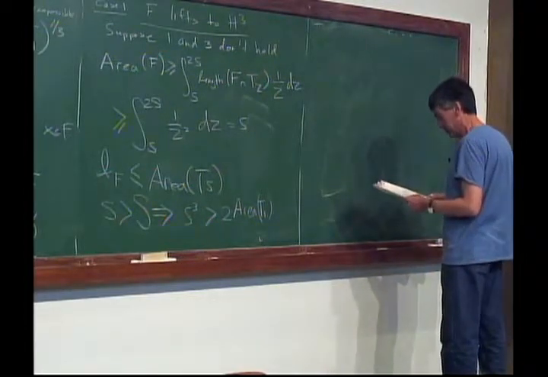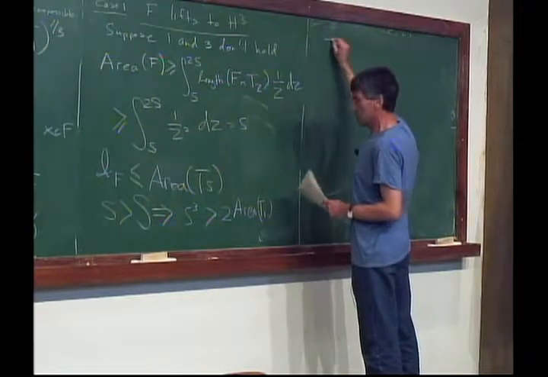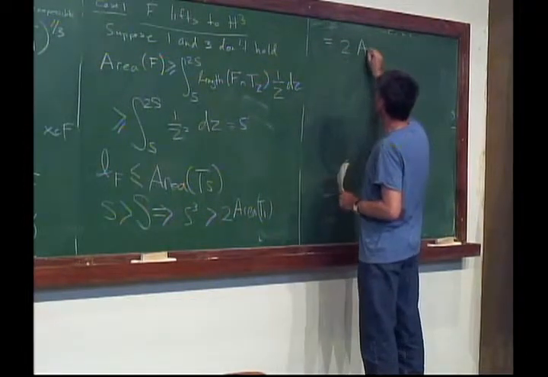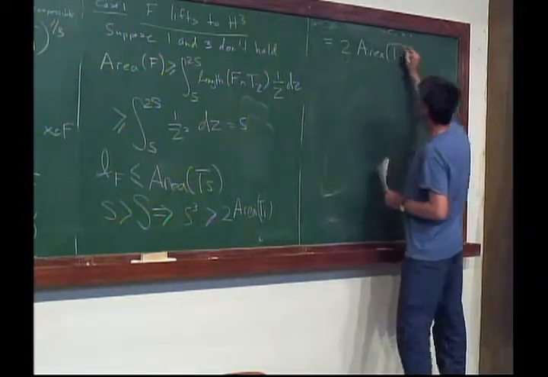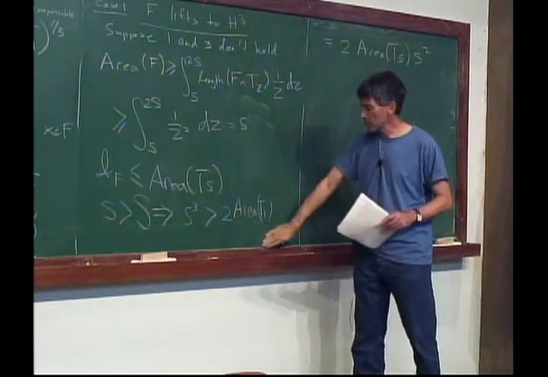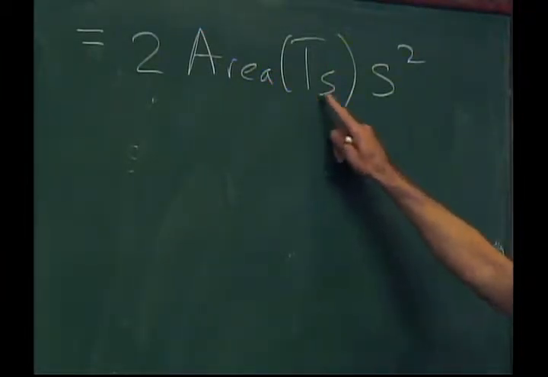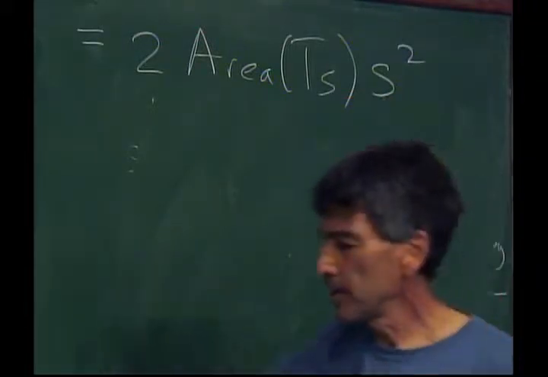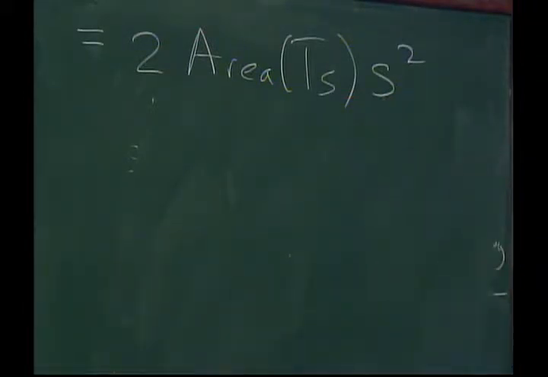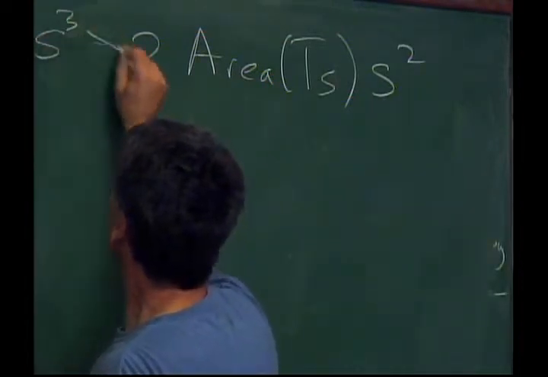Right, so s cubed is bigger than this, which is equal to the area of T sub s times s squared. Because remember, as s increases, these areas scale down quadratically. So the area of T sub s times s squared is the area of T sub 1. So s cubed is bigger than this.